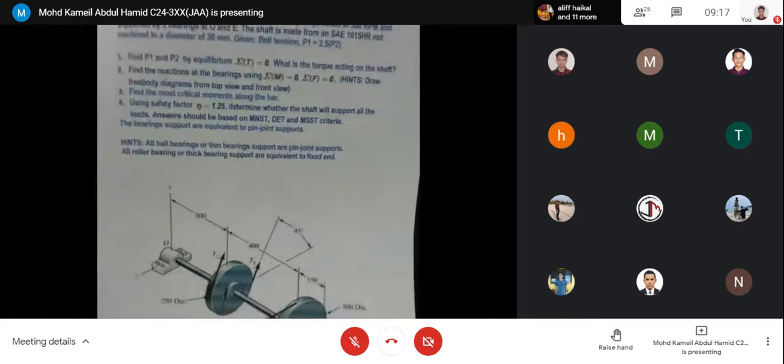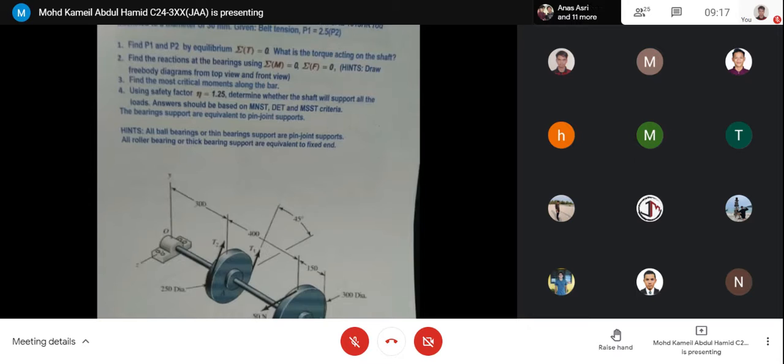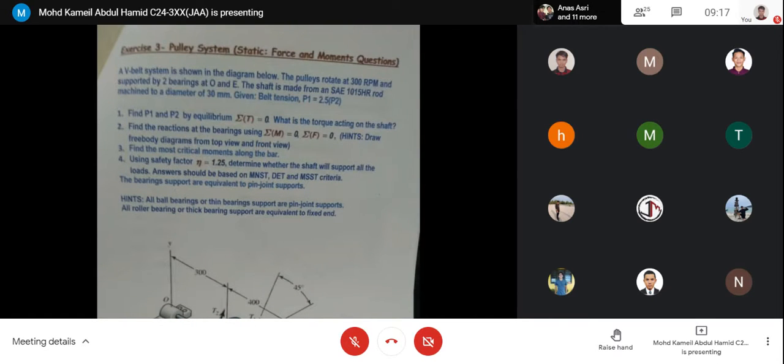Okay, look at the questions. Find P1 and P2 by equilibrium, summation of T equal to 0, to find the torque, the torsion. What is the torque acting on the shaft? Find the reactions at the bearings using sigma M equal to 0, sigma F equal to 0. Draw the free body diagram from top and front view. That is the hint.